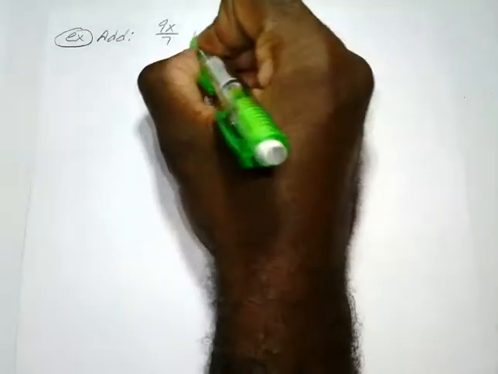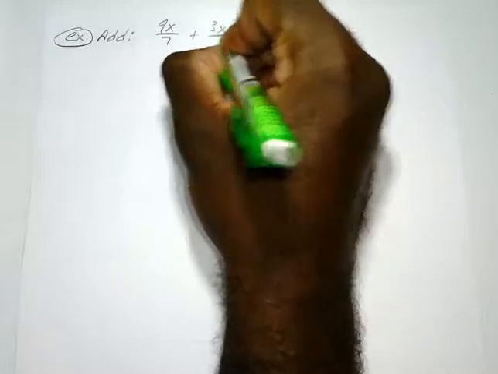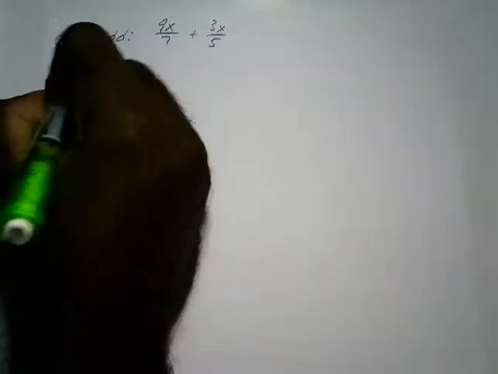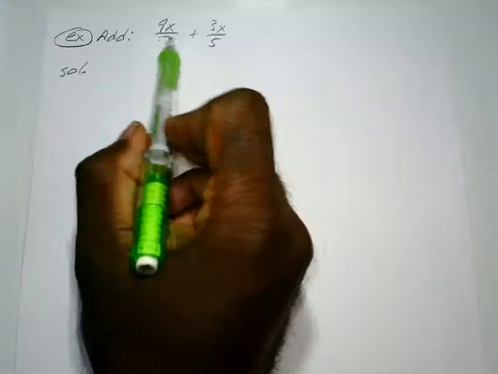All right, so let's say, for example, if you want to add 9x over 7 plus 3x over 5. All right, so we can see that everything's already factored.